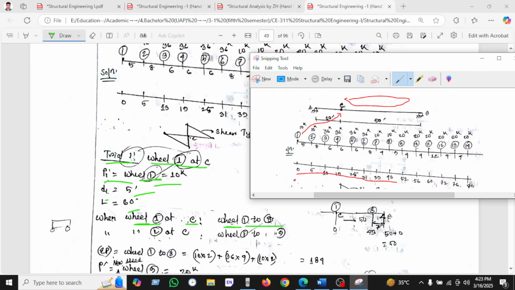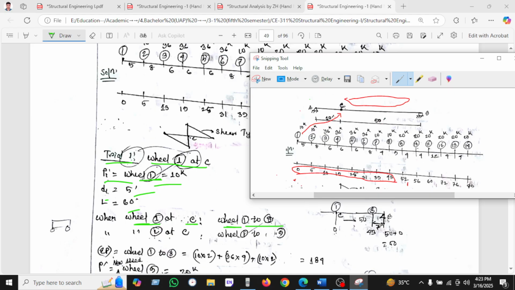So this is beyond the 15 feet. That's why we will not take wheel 3, rather we can take wheel 8. This is the first. When we set wheel 1 here, how far can we go? We can go to the 43, 43 plus 10.